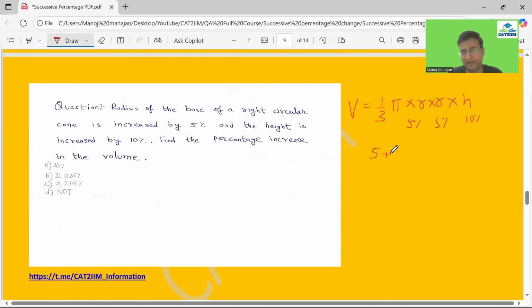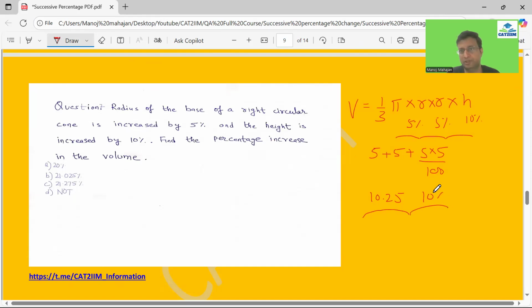So I'm using 5 and 5 over here, the first two numbers. So a plus b plus a into b by 100. So what do I get over here? 10.25. So there are actually three successive changes over here. So for the first two, 5 and 5, the change is 10.25.